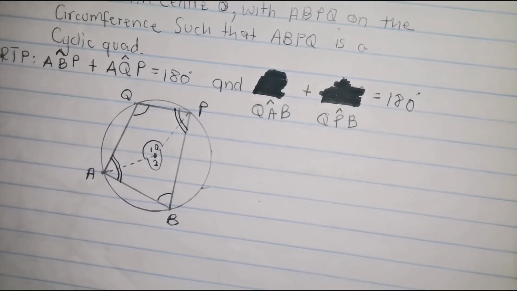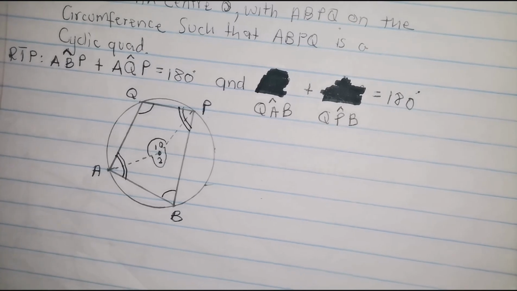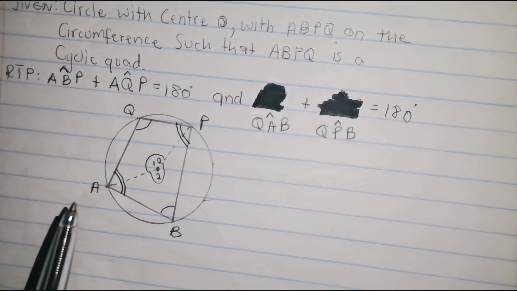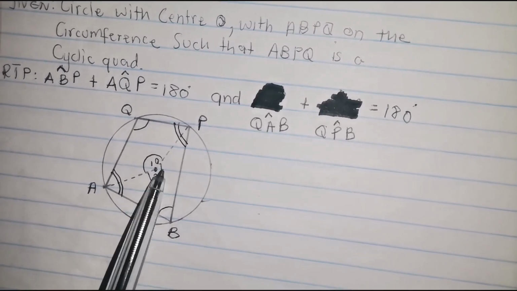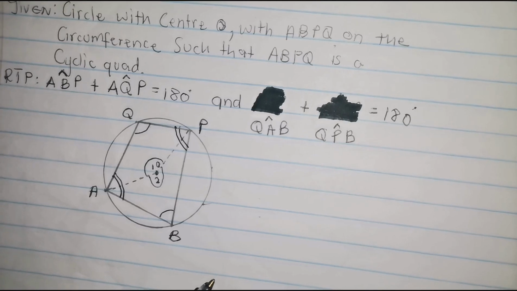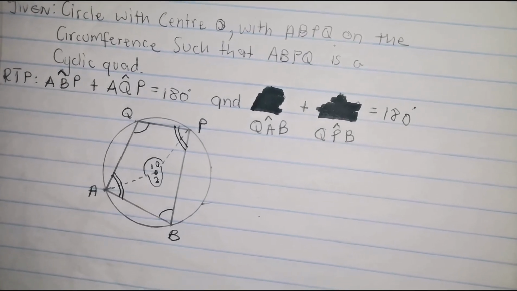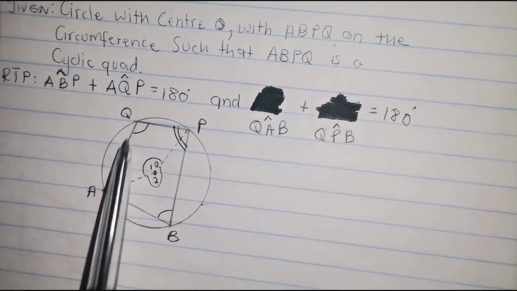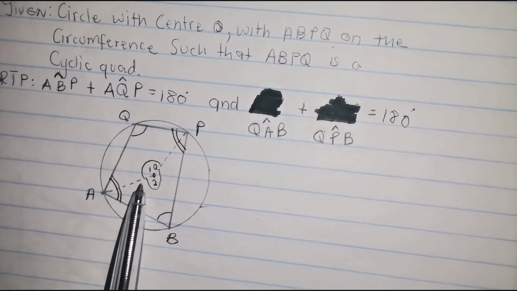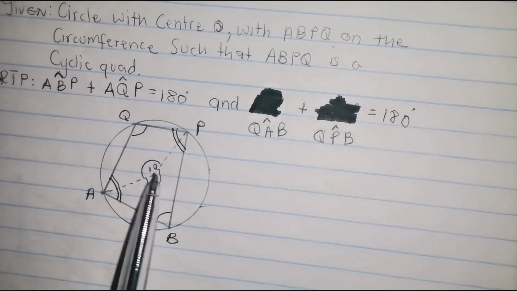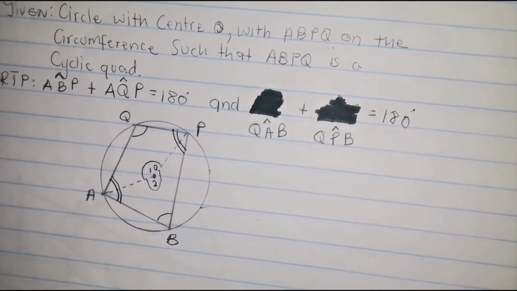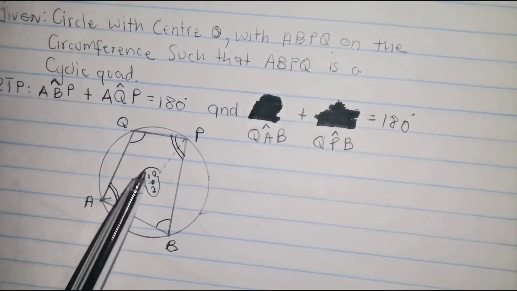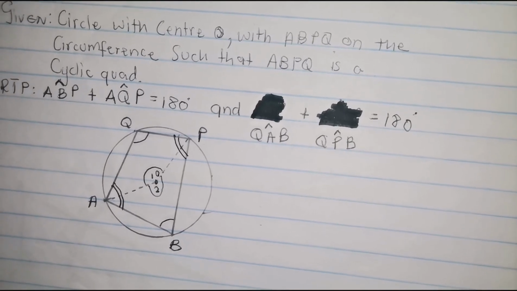In the examination, they could just construct the radii AO and OP for you. But if the paper comes as a quadrilateral with center O without these construction lines, then you must construct OA and OP in the examination, or you can construct OQ and OB.